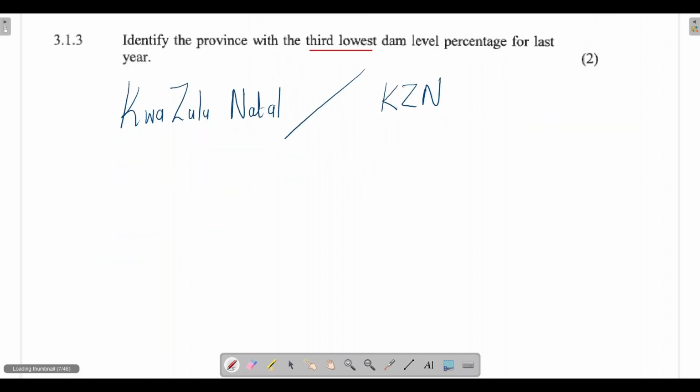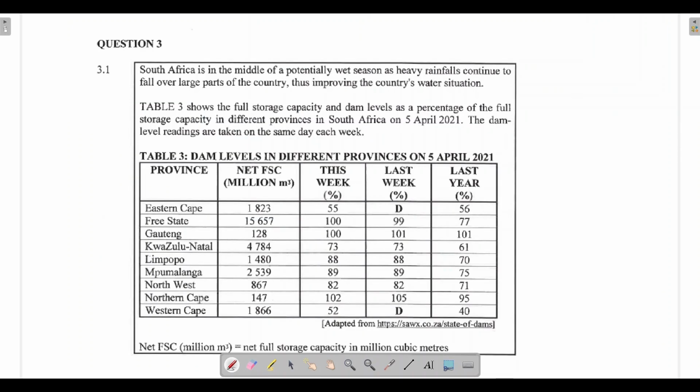Let's go back to our table 3. Here we know that we have to calculate this missing value d. We are told that the mean percentage storage capacity for last week was 83%.